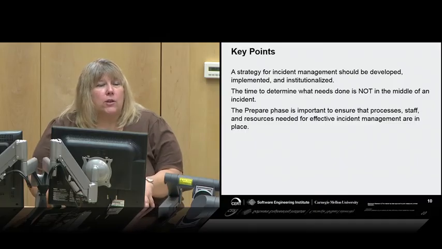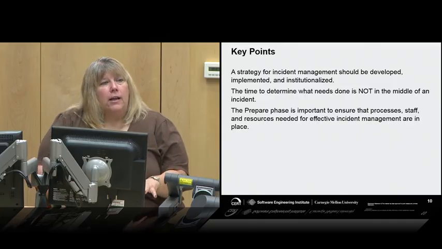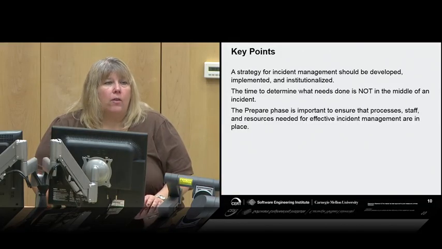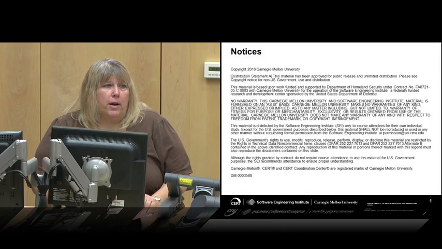They need to understand the criticality of your key assets. Very often, incident management staff get a lot of training on tools, but they don't really understand how those tools meet and support the mission and the critical assets of the organization or constituency. So you also need to train them on that aspect as part of the preparation phase.